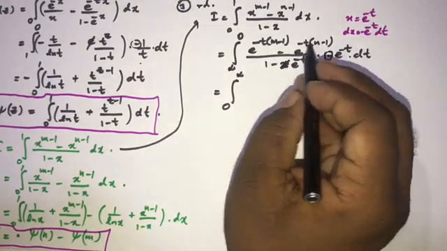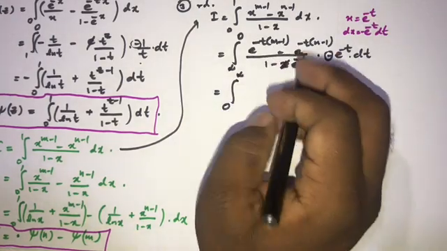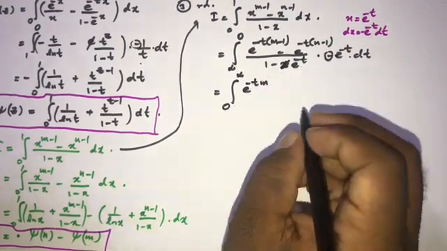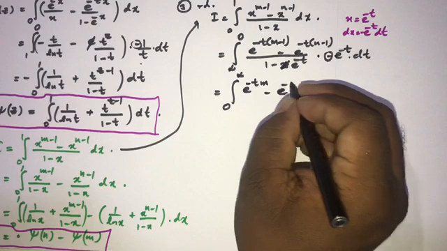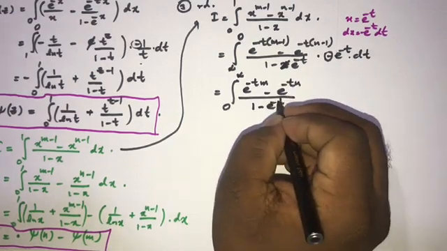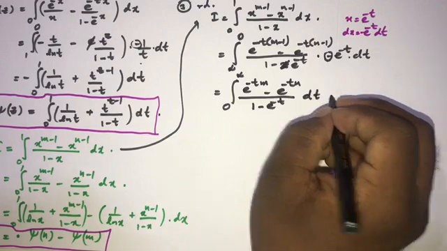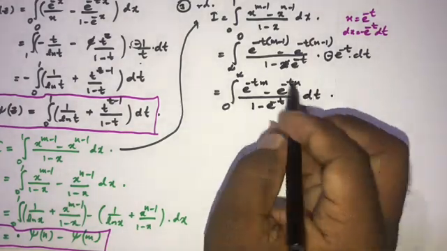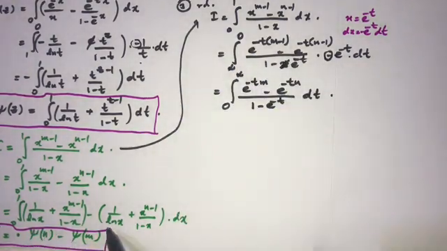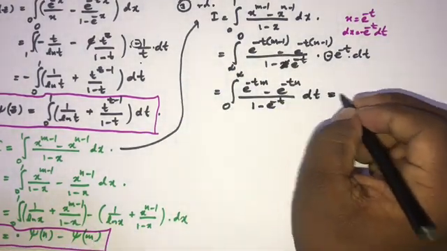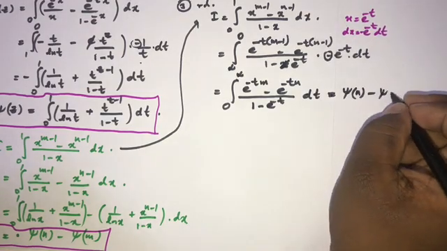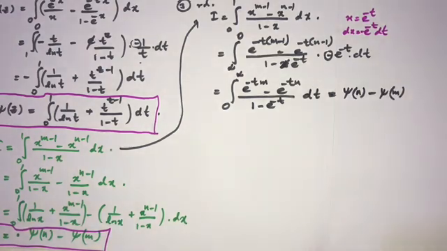Now e to the minus t here, e to the plus t, so e to the minus tm minus e to the minus tn over 1 minus e to the minus t dt. And we know this is also I, and I is equal to digamma of n minus digamma of m. So we can write this is equal to digamma of n minus digamma of m.